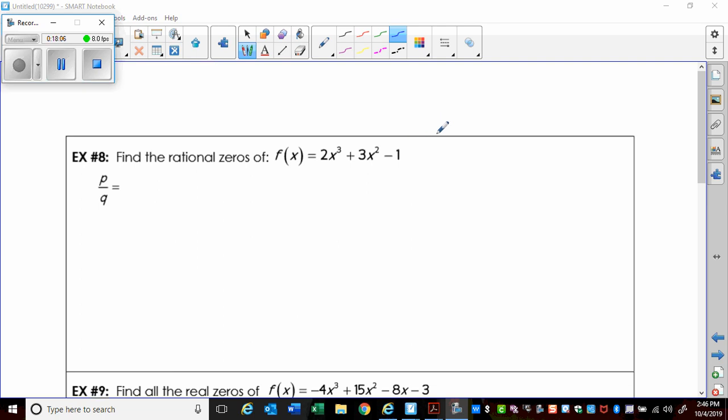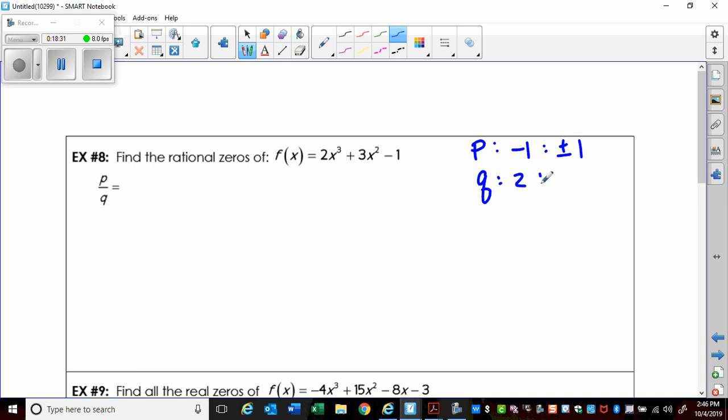Please try these. Let's find the list of all the possible p's. P is -1. The factors of 1 are plus or minus 1. Q is 2.